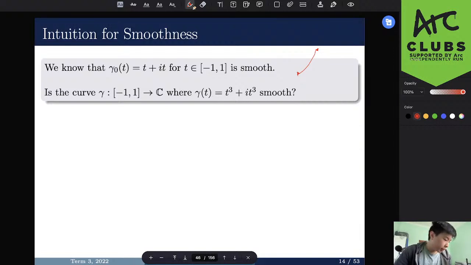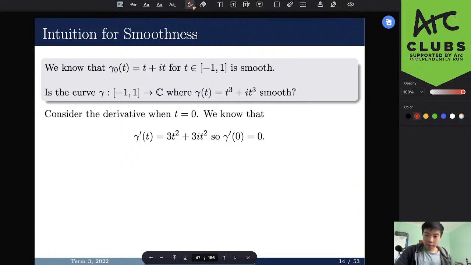If we sub it in, gamma of -1 is going to be equal to -1 minus i, and gamma of 1 is going to be equal to, sorry, 1 plus i, and of course what we get is the same curve. It still represents a line from -1 minus i to 1 plus i.